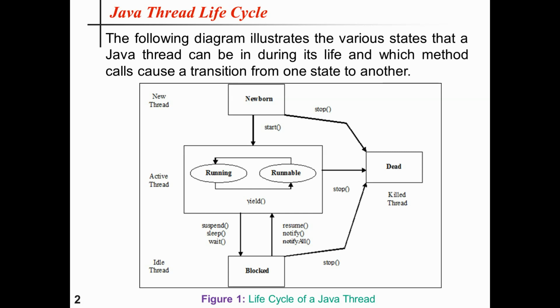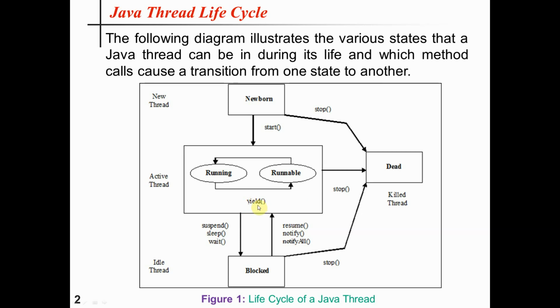Now the third state is the running state. Whenever a particular waiting thread in the pool of threads is selected for execution by the thread scheduler, it is considered to be in running state, and whenever a thread is running, it will be executing its run method. So the thread code is being actively executed by the processor. It runs until it is swapped out, becomes blocked, or voluntarily gives up its turn with the static method Thread.yield.